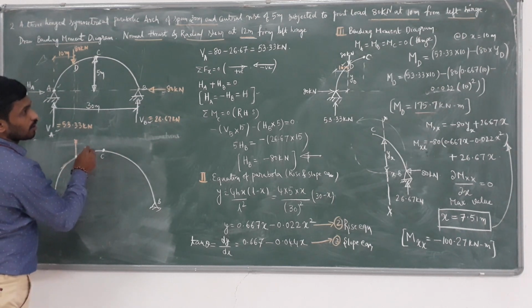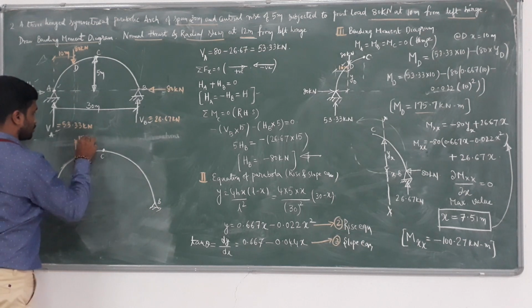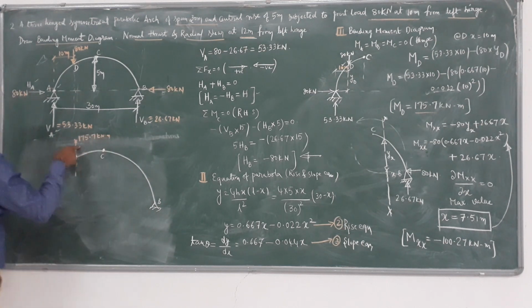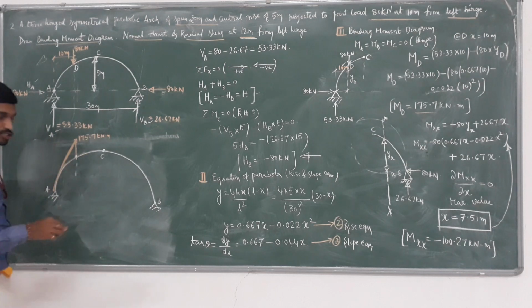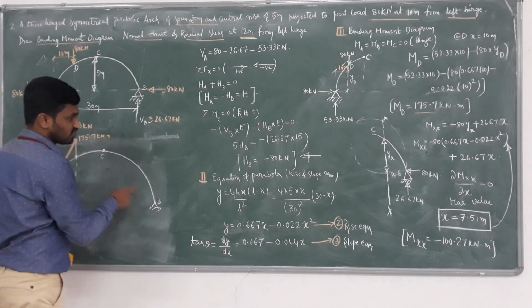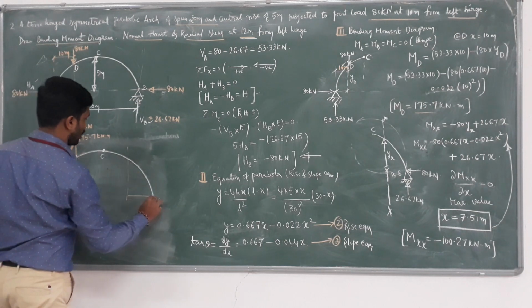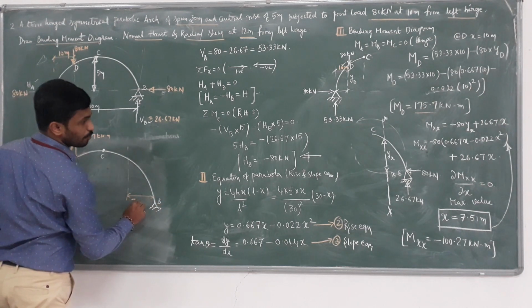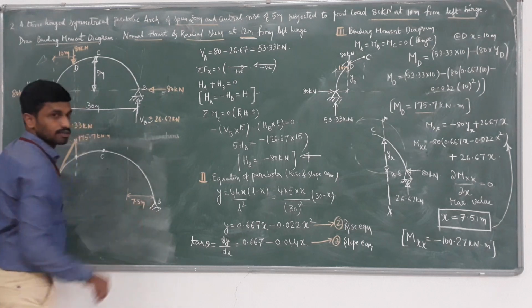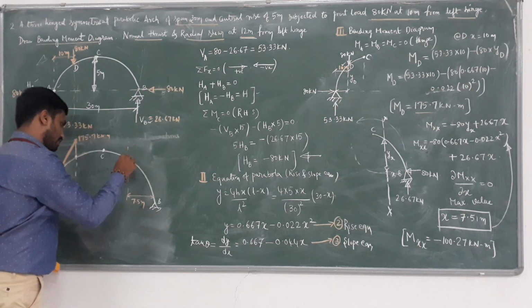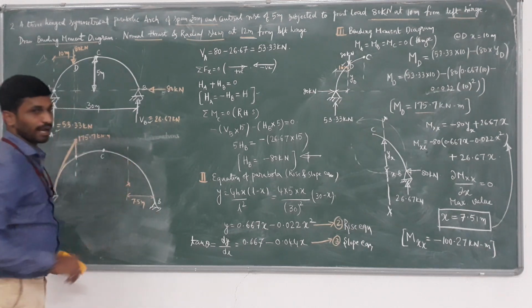So this is 175.7 kilonewton meter. Here because of point load, this is linear. This is not parabolic. This is a linear straight line. In between C and B, at 7.5 meters distance, we are having one more moment, that is negative moment.